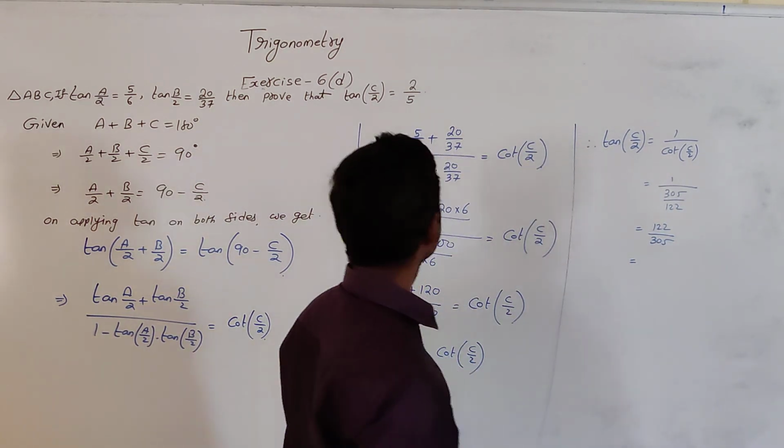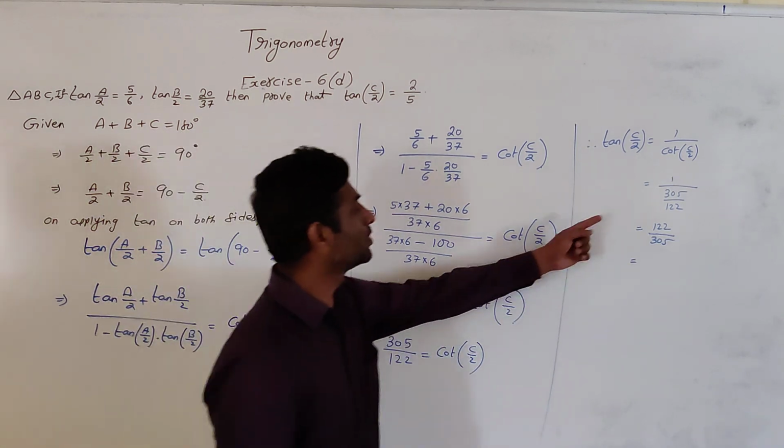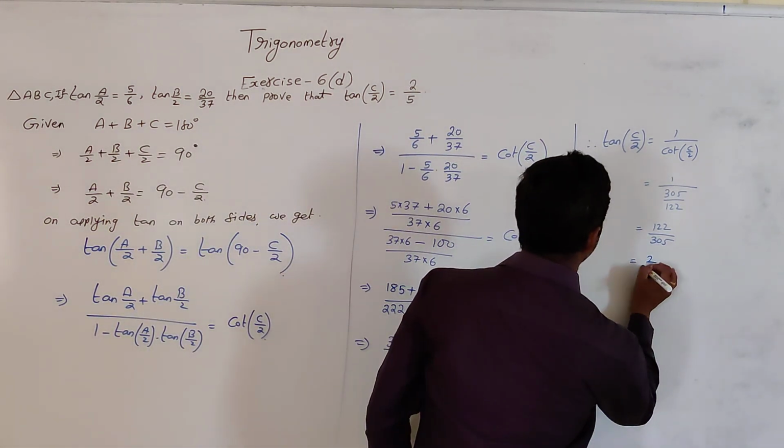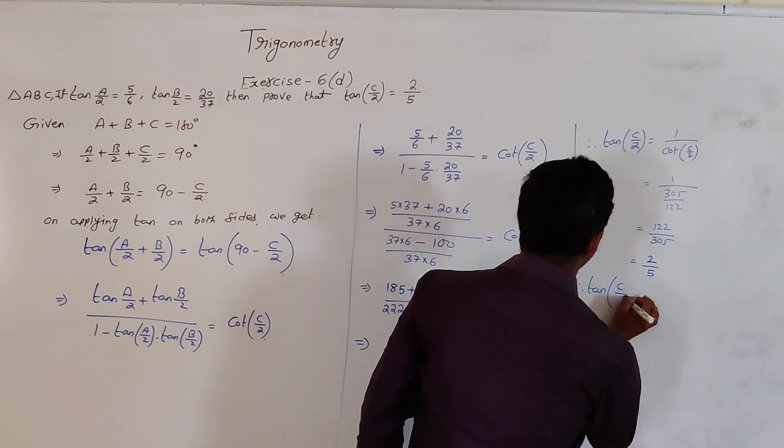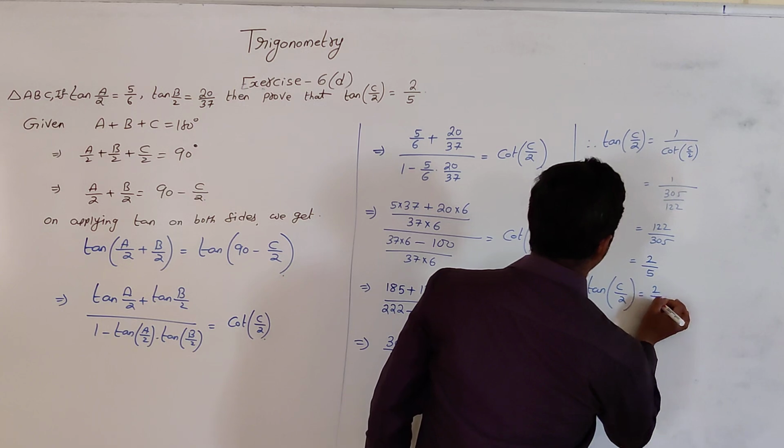We can cancel by 61: 61 twos are 122 and 61 fives are 305, so it will be 2 by 5. So therefore, tan of C by 2 will be 2 by 5.